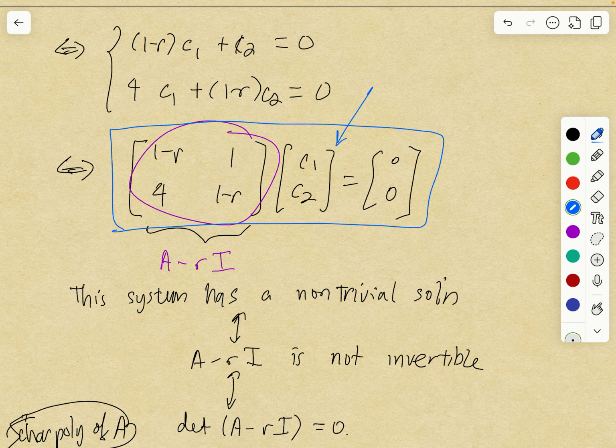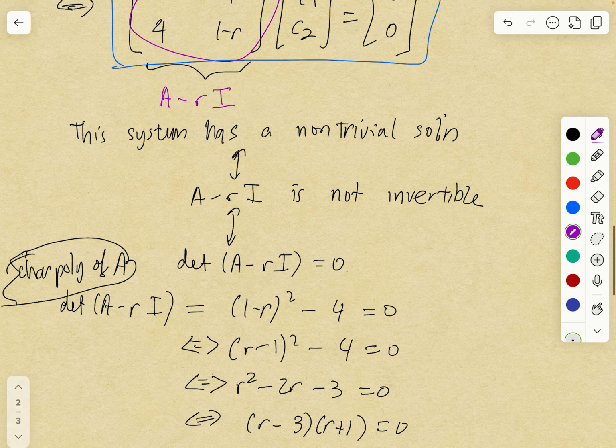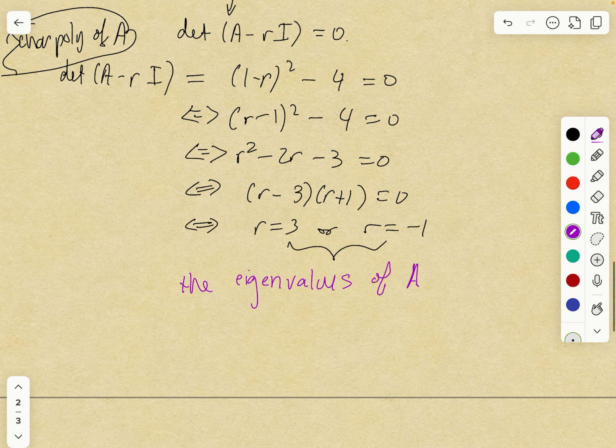So what is this vector C1, C2? In linear algebra terminology, that's an eigenvector with eigenvalue r. So now we have to find the eigenvectors with eigenvalues 3 and negative 1.